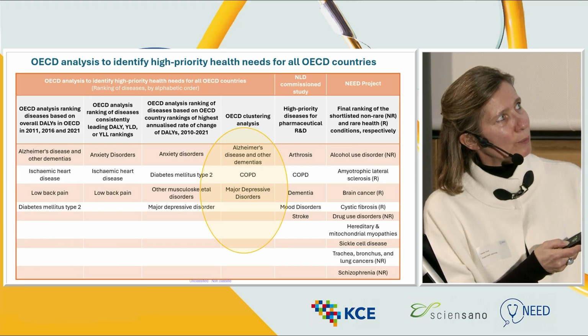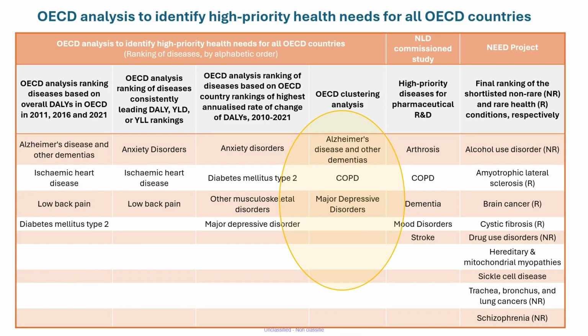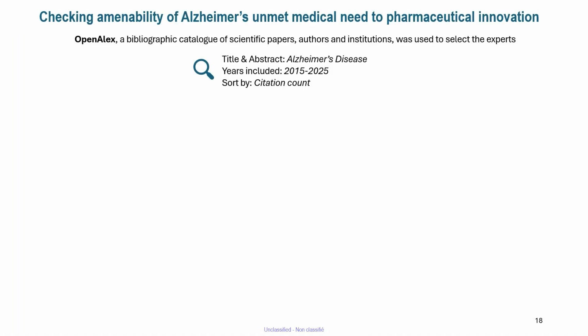And we also have major depressive disorder. And this is the list, or one list. I don't know if you recognize this list, but it was in one of the documents of the NEED project, where you can see the rare diseases that we cannot have in our group by definition. So these are the three for which we are going to test the funding of R&D and see what has been dedicated to these diseases in terms of funding.